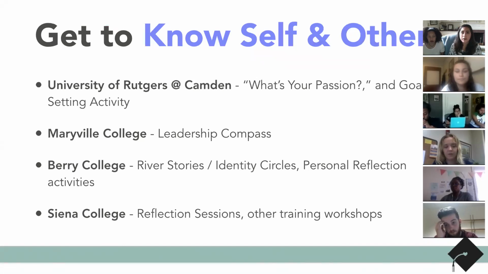They also have a really cool goal setting activity that's essential for the beginning of the academic year, to ensure that your students have some success and are getting to know the skill of goal setting and what steps they can take to get there.